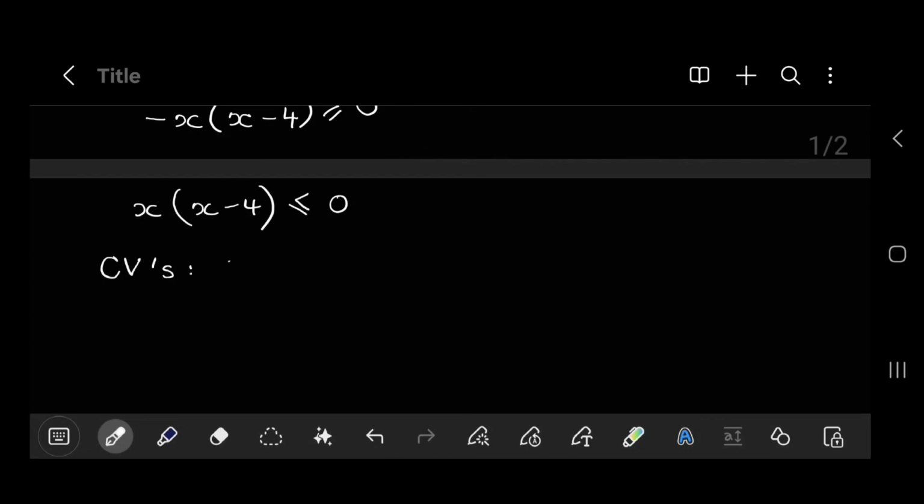So from the first part, you would see x could be 0, or from the brackets, x could be positive 4. Now, based on what the sign became, it's now less than or equal to. We know that we are going to have one answer written together. Remember, smaller value goes on the left, bigger value on the right. So how we read this is x lies between 0 and 4.